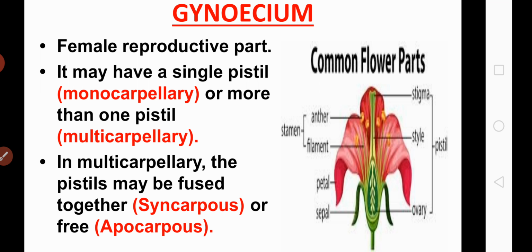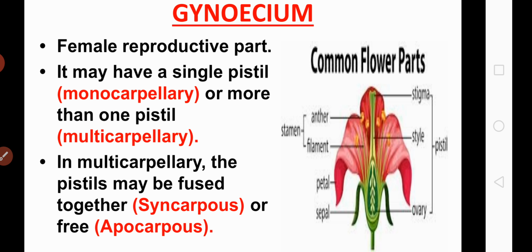And based on the number of carpels, the pistil may be classified into two types. They are monocarpellary pistil and multicarpellary pistil. Once again I will repeat, based on the number of carpels, the pistils are divided into two types: monocarpellary pistil and multicarpellary pistil.